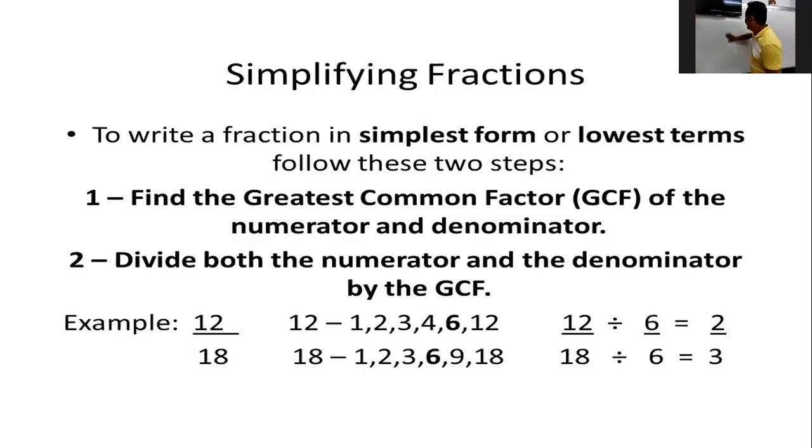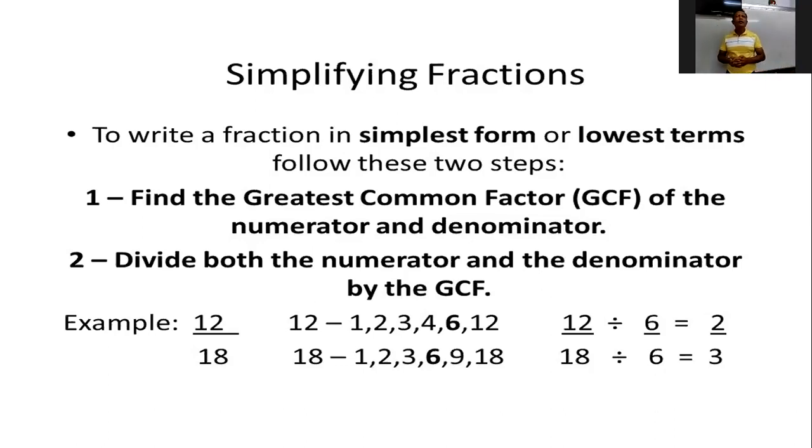Let me write it here. You have here 12 over 18. The first step is find the greatest common factor of the numerator and the denominator.